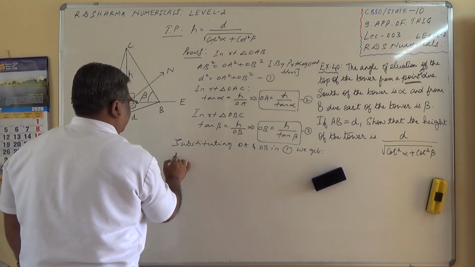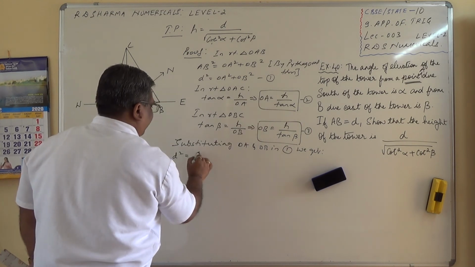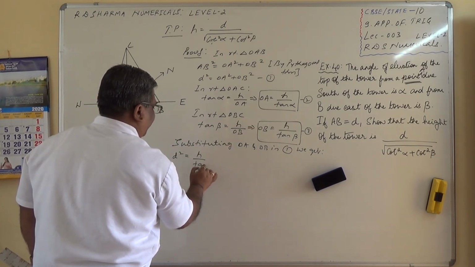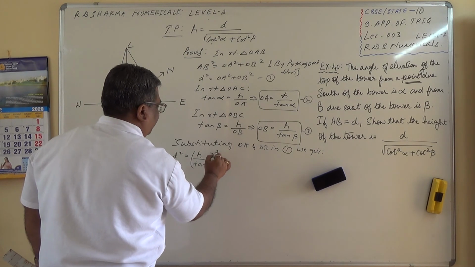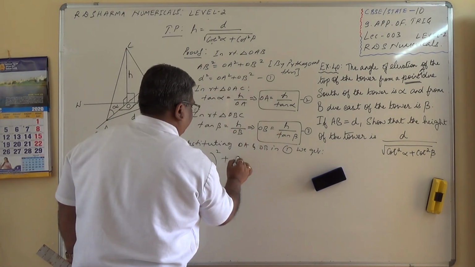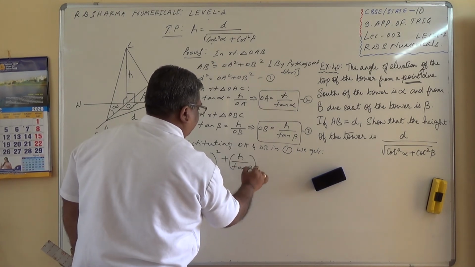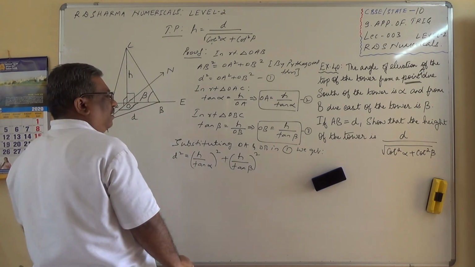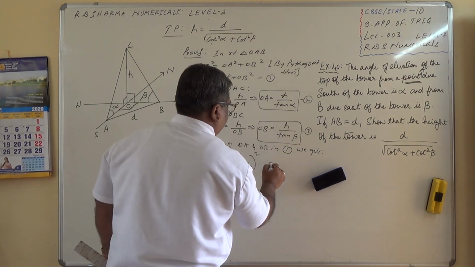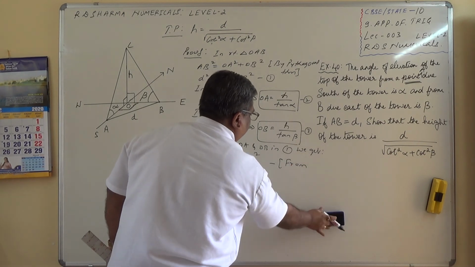D square equals OA square, OA is h by tan alpha, h by tan alpha the whole square, plus OB square is h by tan beta, h by tan beta the whole square. This is from 2 and 3.